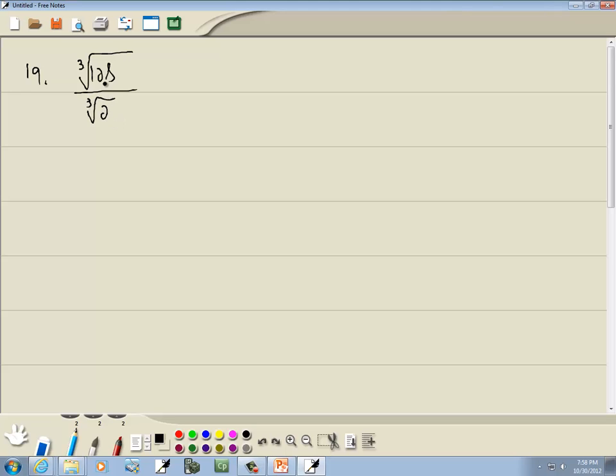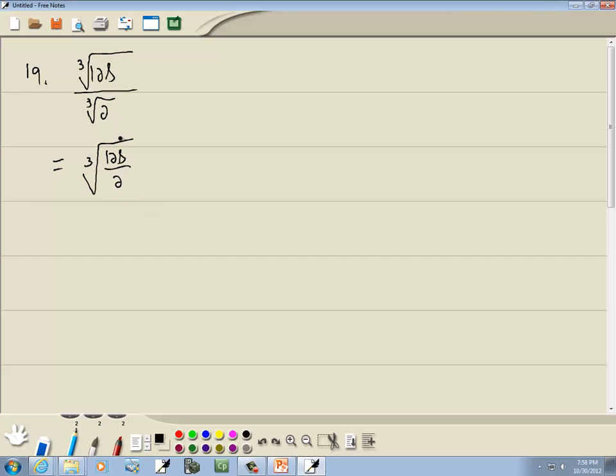Well, the main problem here is we can't have a radical in the denominator. Now, there's nothing I can really simplify. The top part I can simplify a little bit, but we could merge this back into a single radical, putting a fraction together. So 128 over 2.